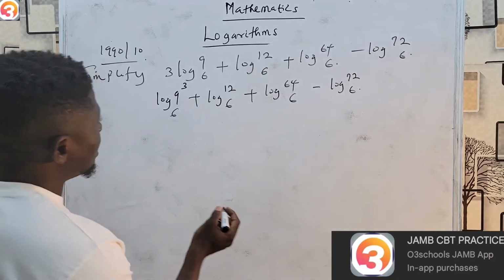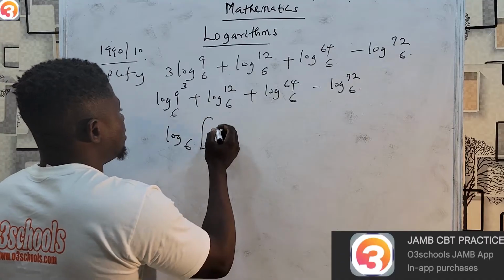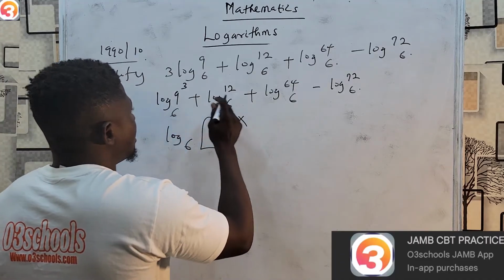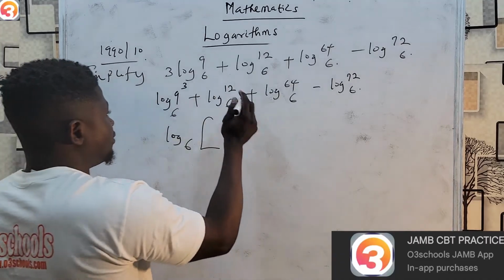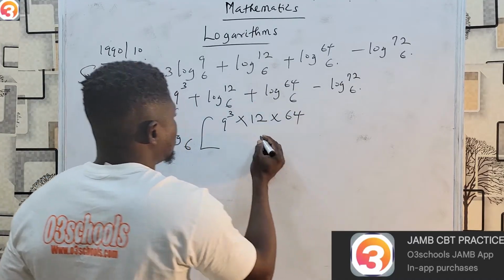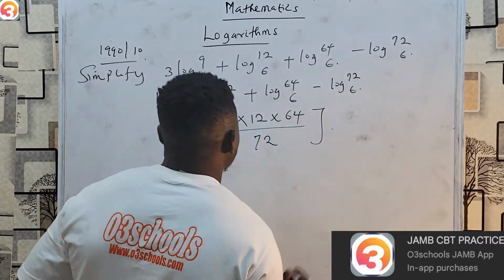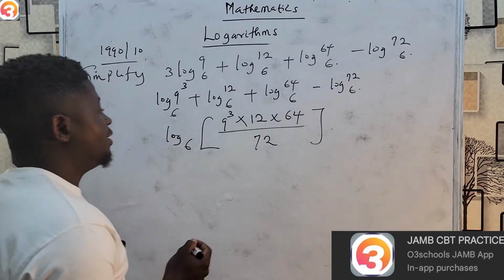So now let's do that. So I'm going to have logarithm base 6 of bracket 9 raised to the power 3 times 12 times 64, then divided by 72.